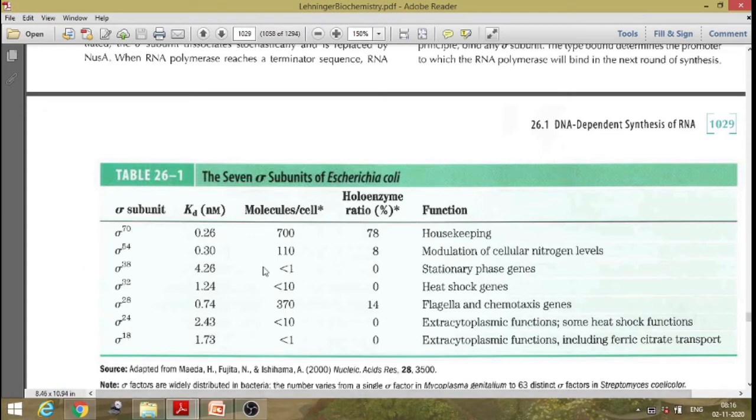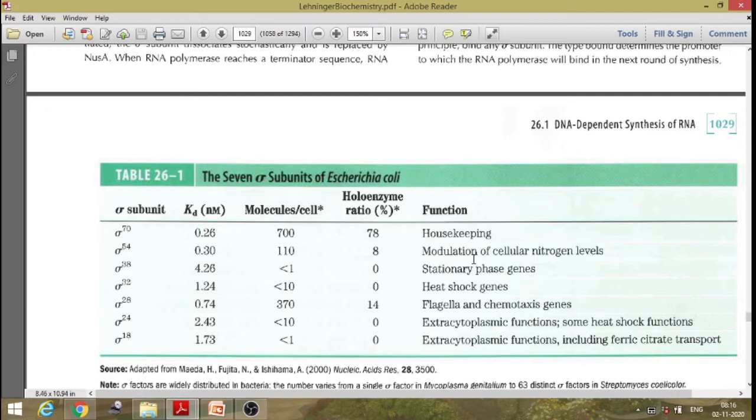And here is the frequency of these molecules present in the cells. Sigma 70 is present in a very high number, around 700 molecules in a cell at a time. The function of sigma 70 is housekeeping, and different sigma subunits have different functions.